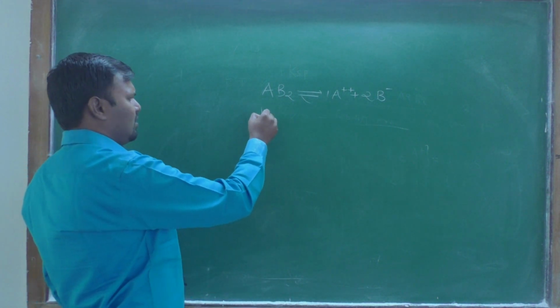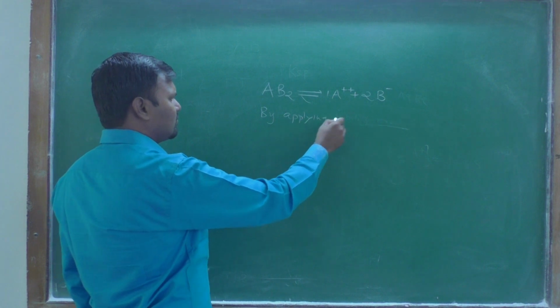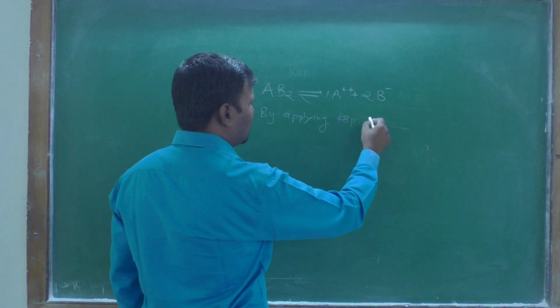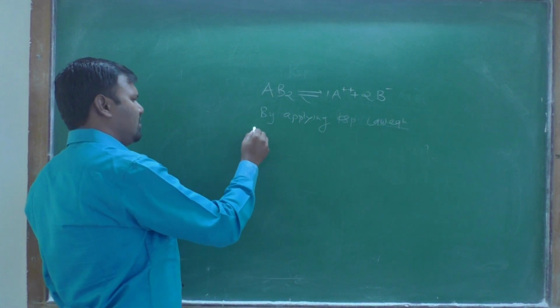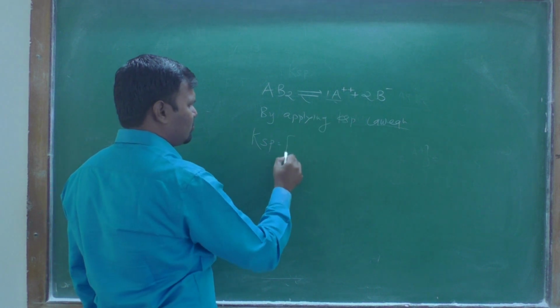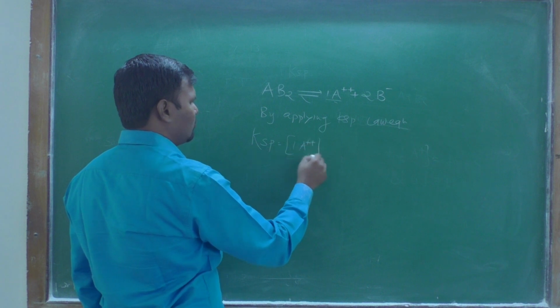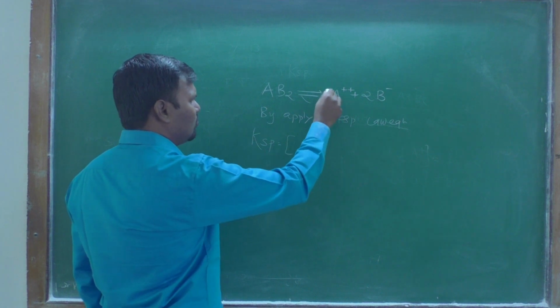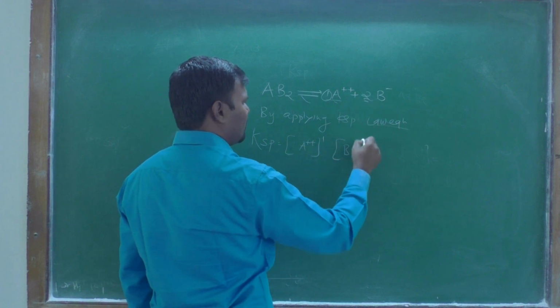Therefore, by applying the solubility product law equation, we will obtain the Ksp, which is the concentration of A++ raised to 1 into the concentration of B- raised to 2.